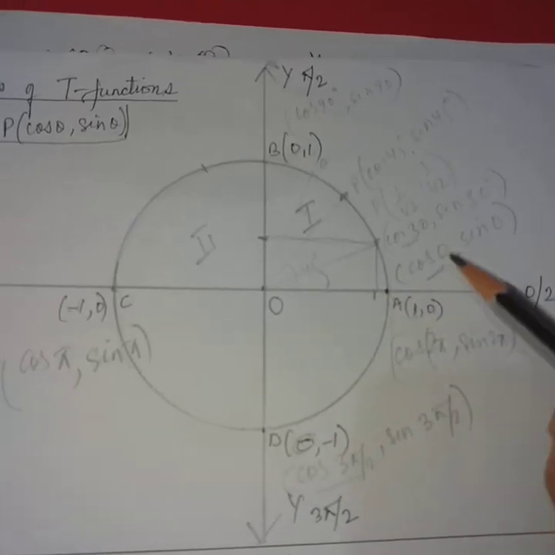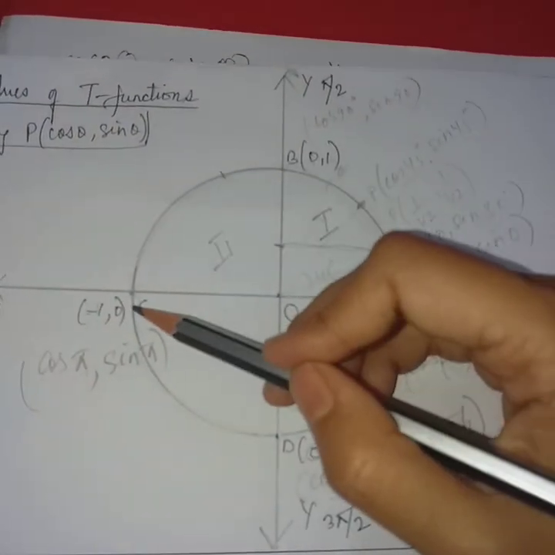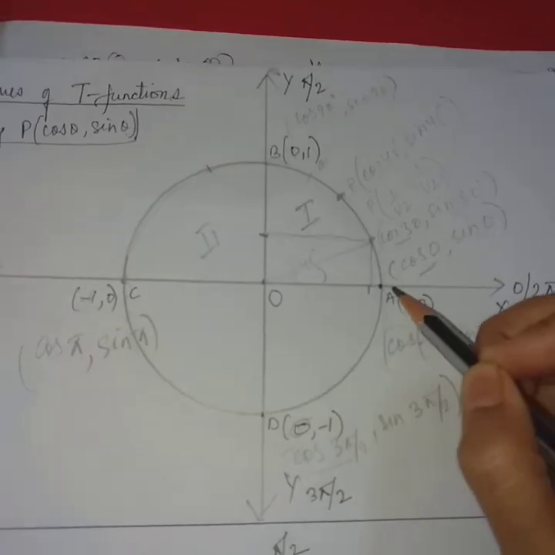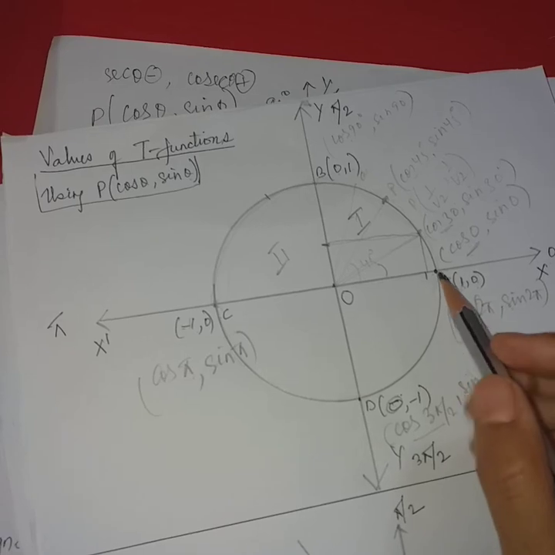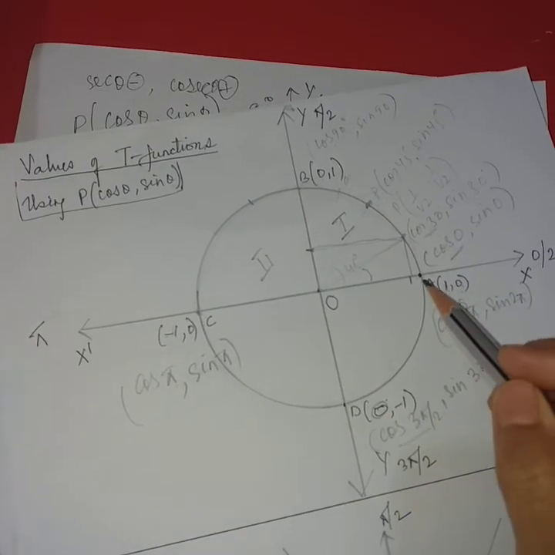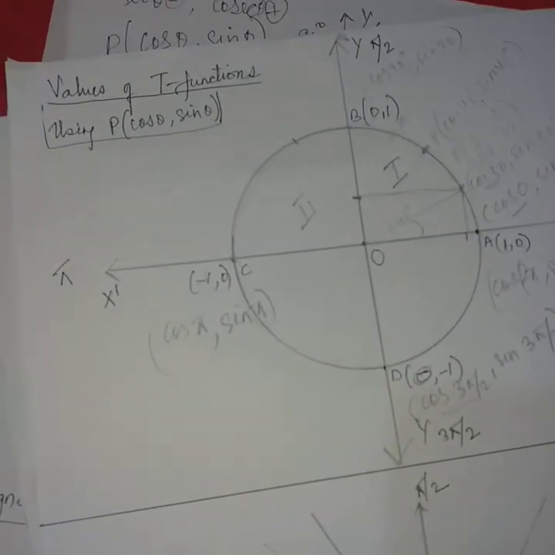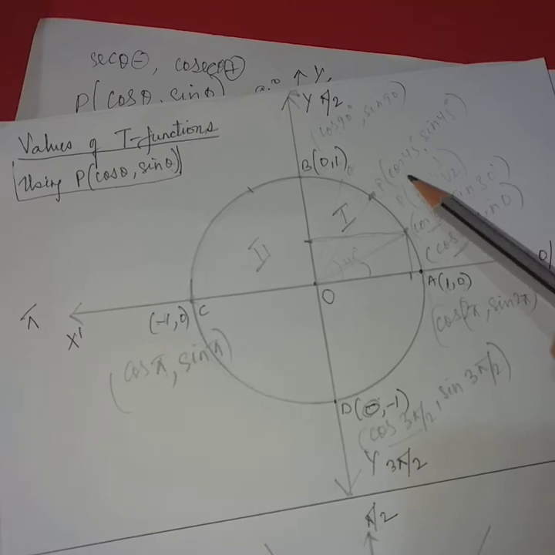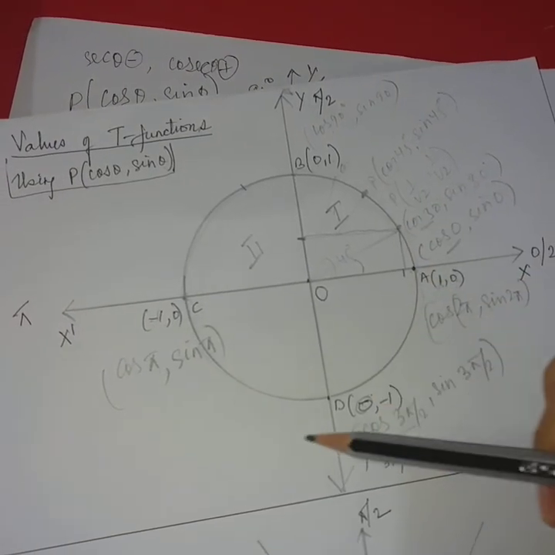So for sine, it goes from 0 to 1, 1 to 0, 0 to minus 1, and minus 1 to 0. So this is how the value of sine and cos is changing as the angle increases.